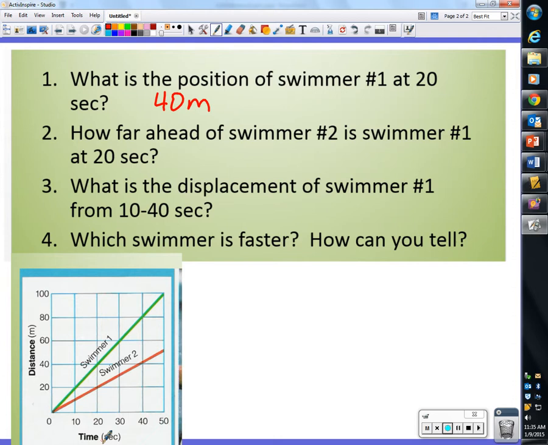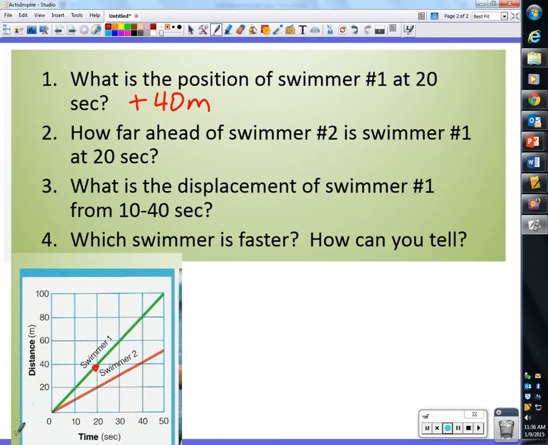So we said that position tells us where. We look on the graph and find the 20-second mark, and then we come up here and it tells us that swimmer 1 was at 40 meters.